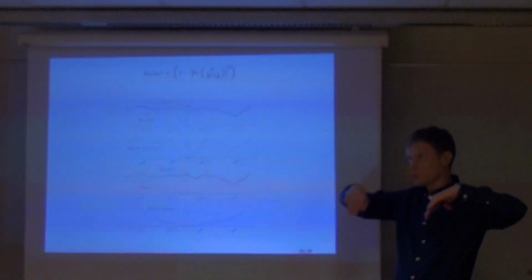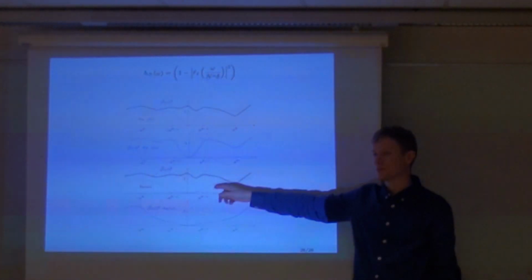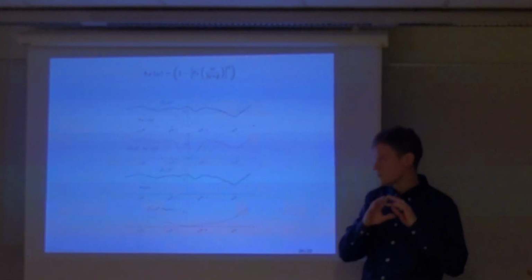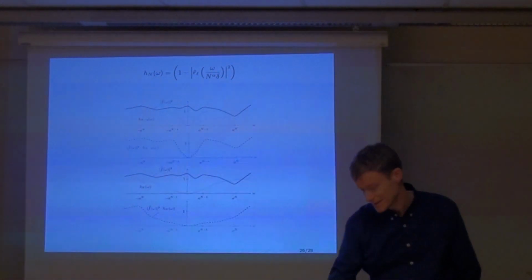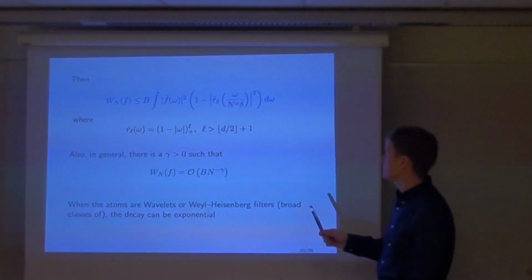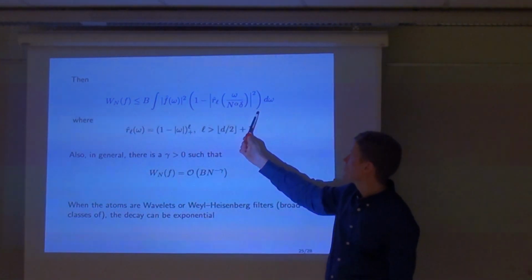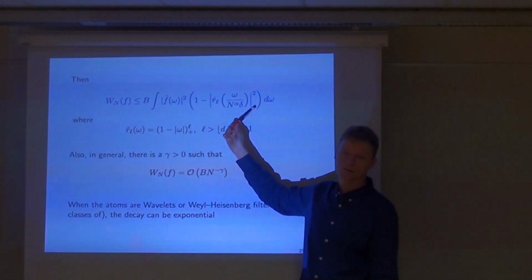And the higher the layer, the more zero this will be, the less the result will be. You see, you will have removed more and more energy. So the higher the n here, the smaller is this product.